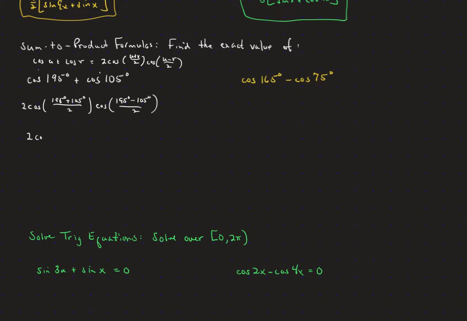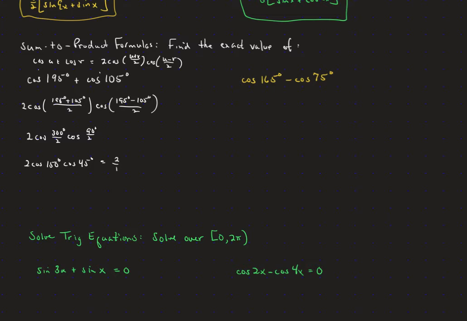So that's going to be 2 cosine of, let's see, 195 plus 105 makes that 300 over 2. And this one is going to be 195 minus 105, I think is 90, divided by 2. So these are going to be known values. Here's 150 degrees, and this is 45 degrees.